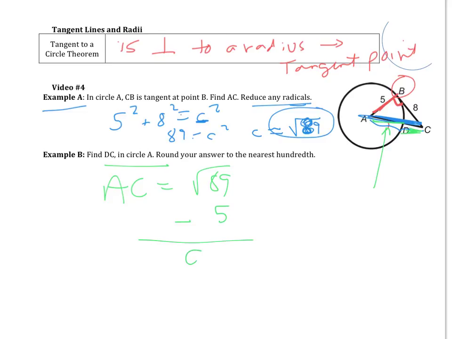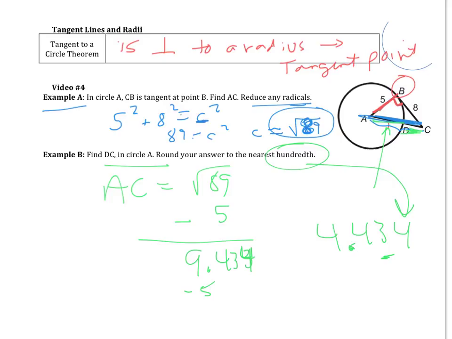Since the square root of 89 is 9.434, and we take 5 away from that, we're going to get 4.434 as I round it. And since they want it to the nearest hundredth, I want to keep that 3. There is a decimal point there. I want to keep that 3, so I check to see should I raise it up to a 4 or keep it at 3. And I need to just keep it at 3.